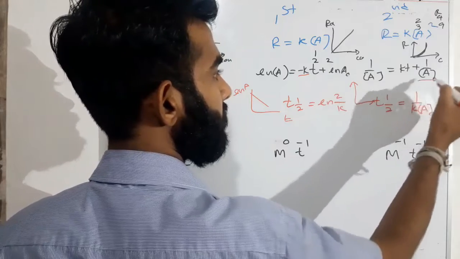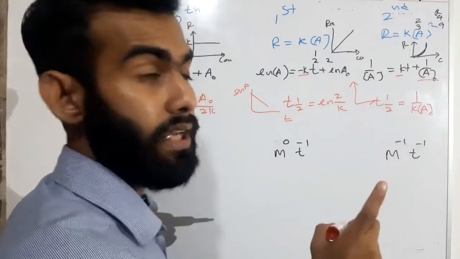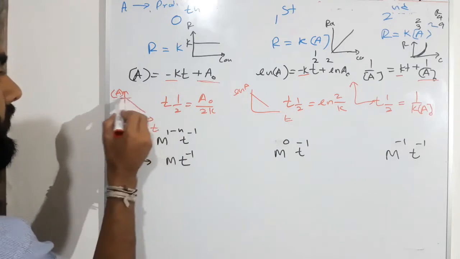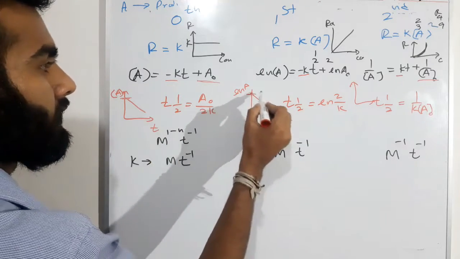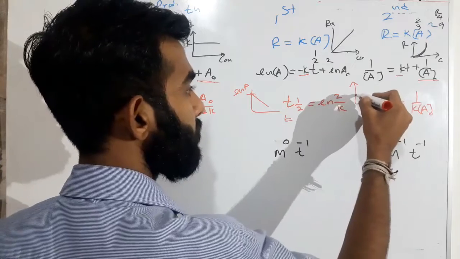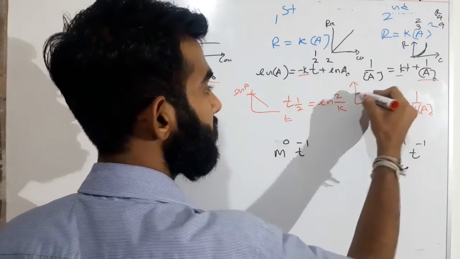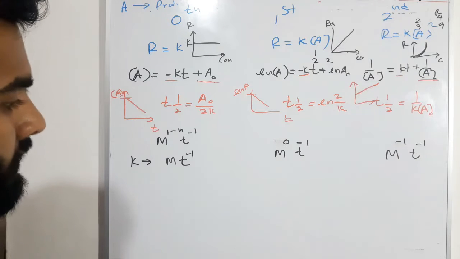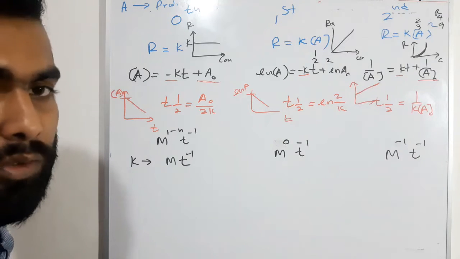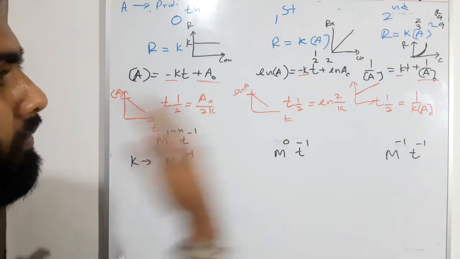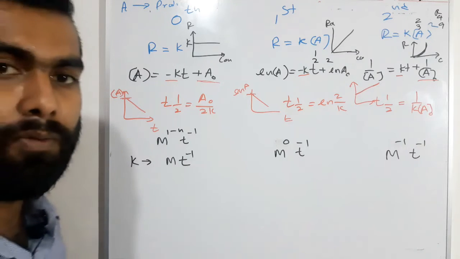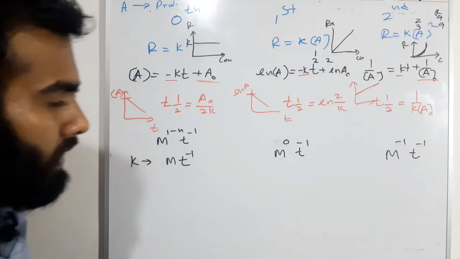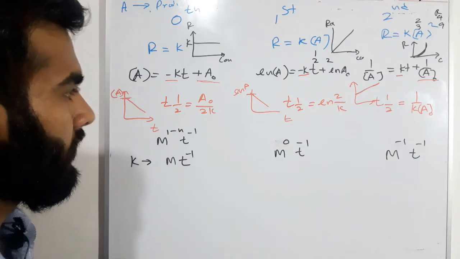It also has a positive gradient and positive intercept. All of this has positive intercept. However, here it has a positive intercept and positive gradient, that means its graph was like this. Okay, these are the main things you have to know when comparing zeroth order, first order and second order reactions. So this is the summary and other things.